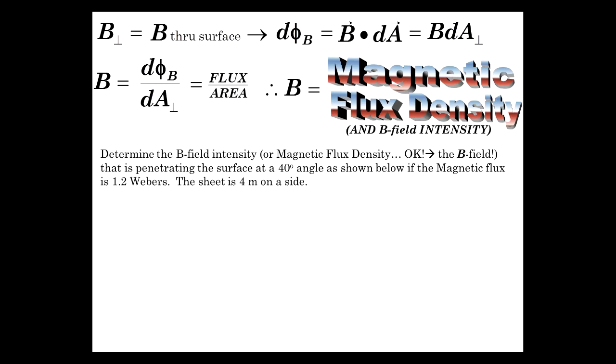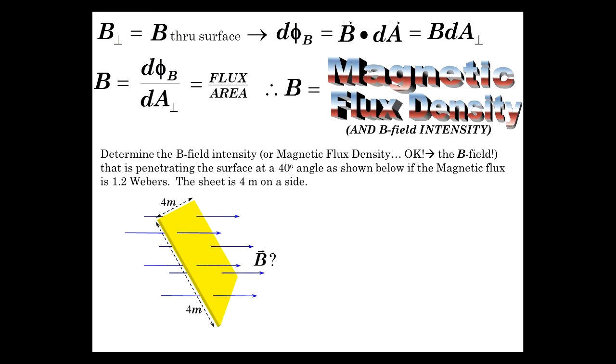Now, do a quick example. We're going to have a B field, magnetic flux density, or the B field intensity, penetrating the surface. The surface is at 40 degrees compared to the B field, and the flux is 1.2 Webers going through that surface. We have 4 meters on a side for the area.